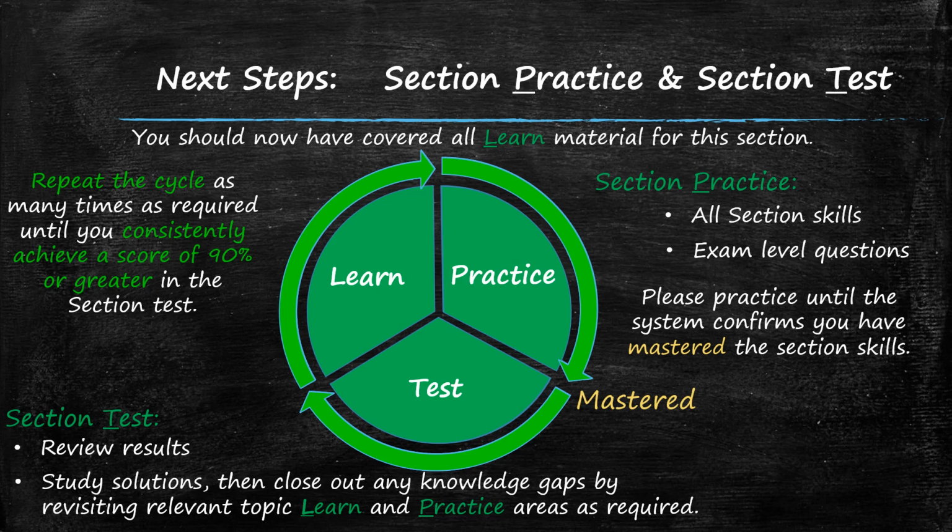Repeat this cycle as many times as required until you consistently achieve a score of 90% or greater in the section test. Remember, the work you put in now will develop your skills and also build your confidence, both of which will greatly assist you at exam time.